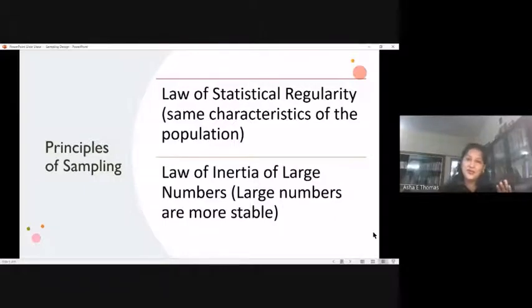Then I should be in a position to replicate the sampling or sample selection, and also I might be able to repeat the experiments to ensure that the results are the same as I had concluded in my previous findings.